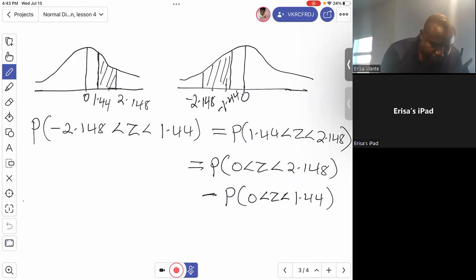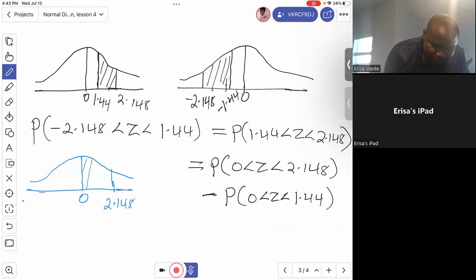Let me try to draw two normal curves here, using a different color. So I have here a normal curve, and this is 0. This is 2.148. So the table can read the whole area from 0 up to 2.148.